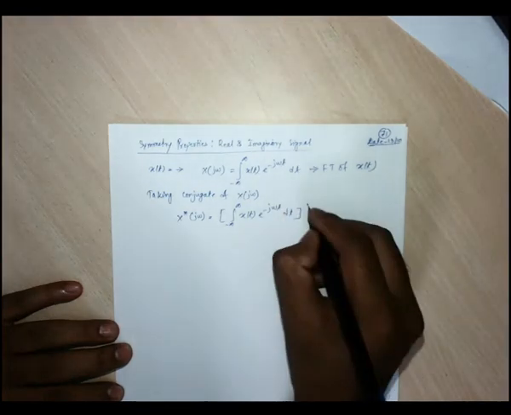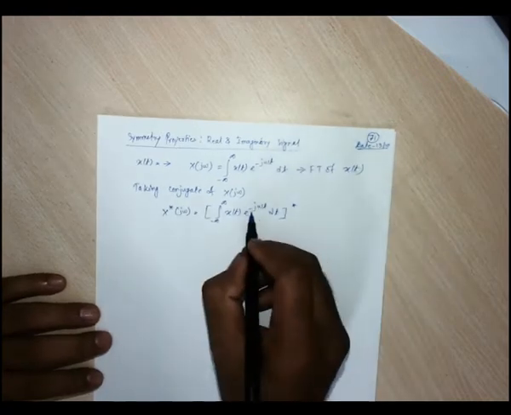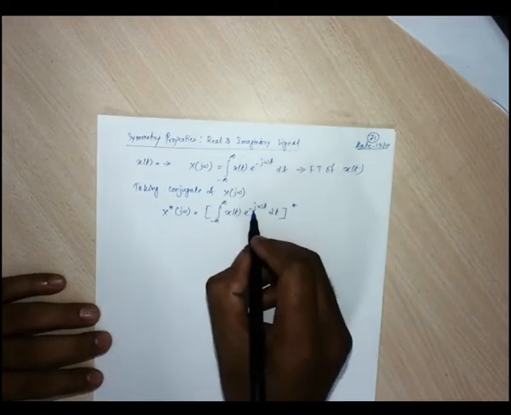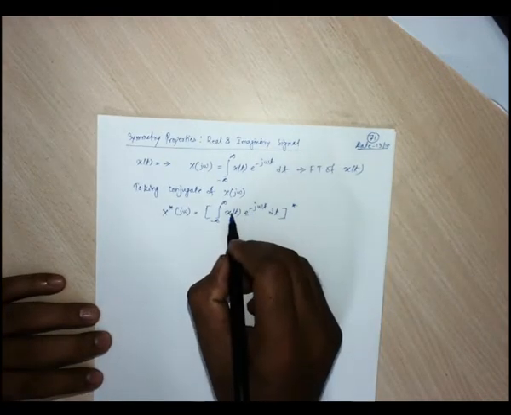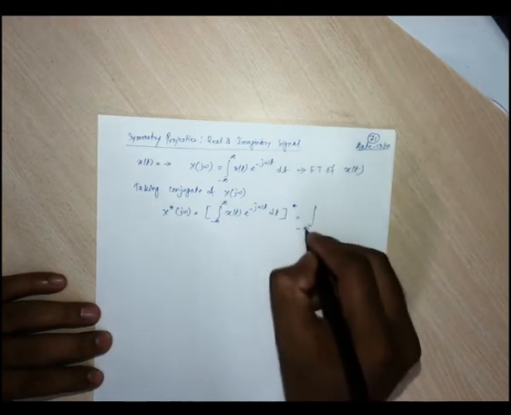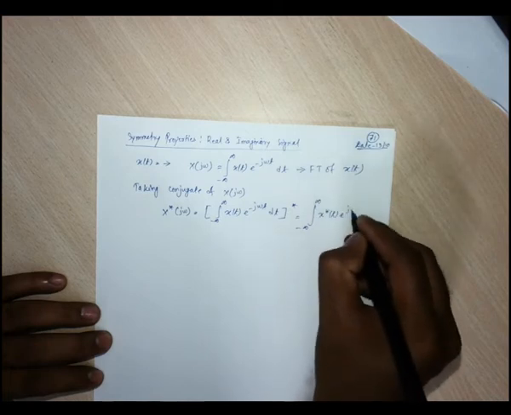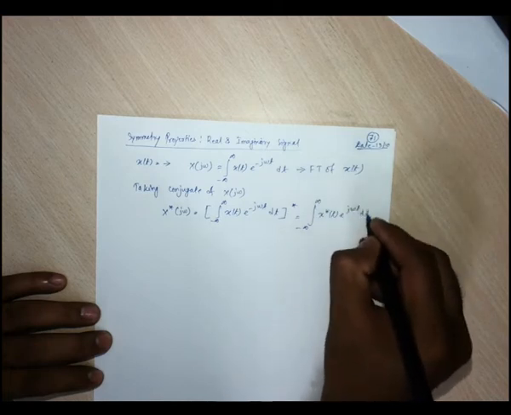What will happen? This minus j will become plus j and this x(t) will become x conjugate of t. So this will become the integral from minus infinity to infinity of x conjugate t e to the power j omega t dt, right?